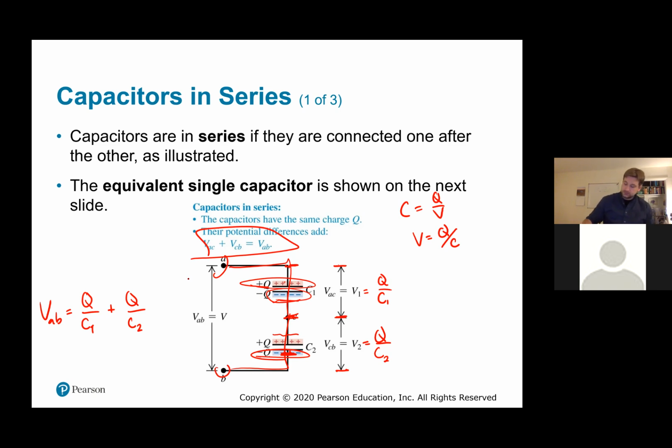So the potential difference AB is what it looks like if we store a charge Q with an equivalent capacitor such that these two sides are equal.